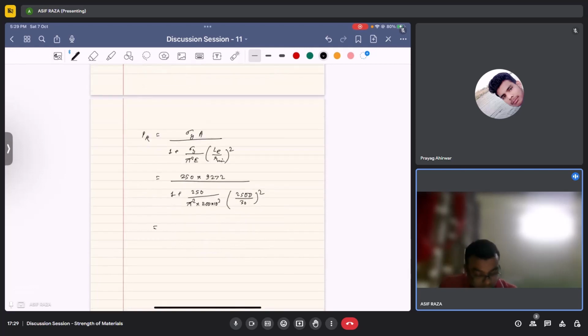Let's do the calculations. So 2500 divided by 30 square, into 250 divided by pi square into 200 into 10 power 3, and then 250 into 9272.